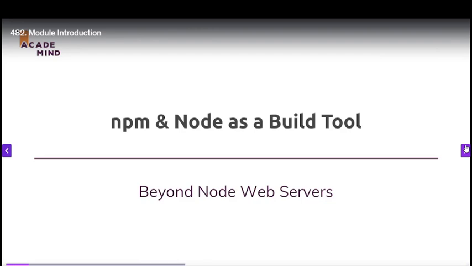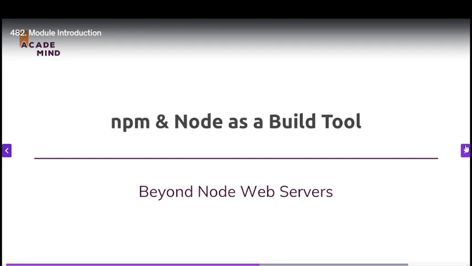In this course, you obviously learned a lot about Node and how to write Node code and build web servers or web applications with Node, because that really is its main thing. But Node and NPM, the package manager we get for free when installing Node.js, can also be used as a build tool. So as a tool that runs utility scripts on your computer and can help you with building any mostly JavaScript-driven project.